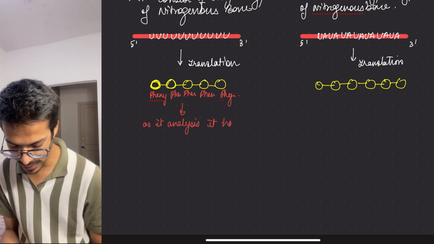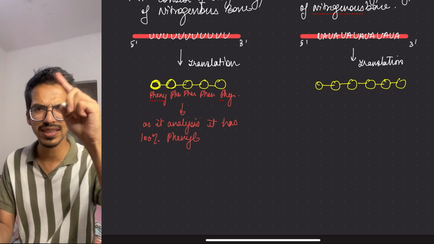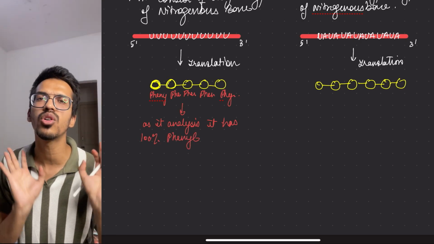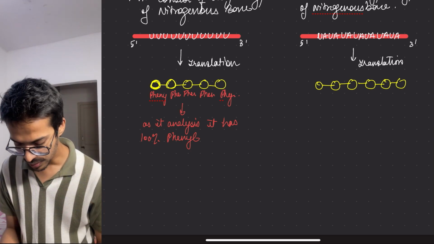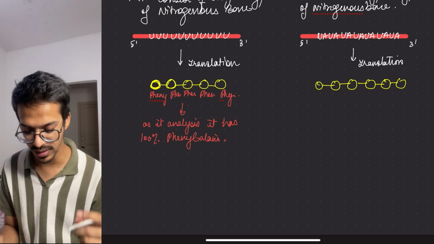So he understood that a single base repeated will make the same thing only, phenylalanine.